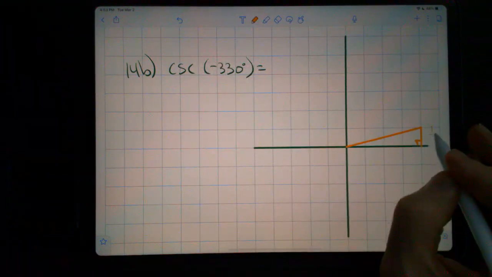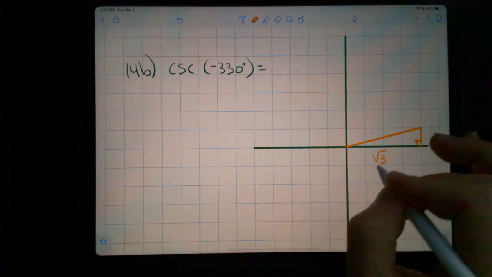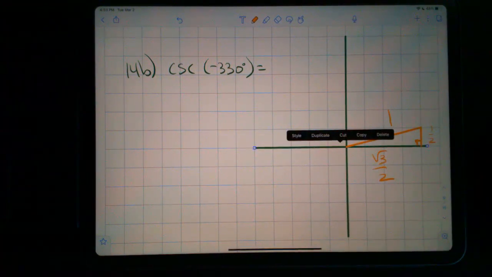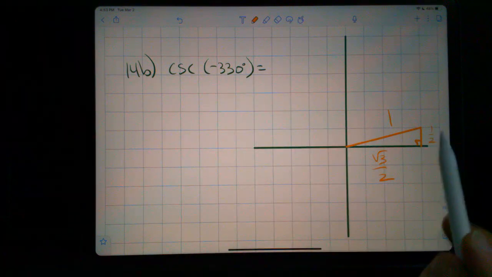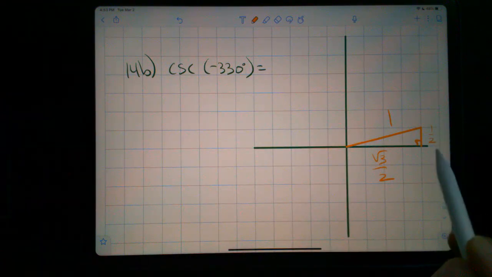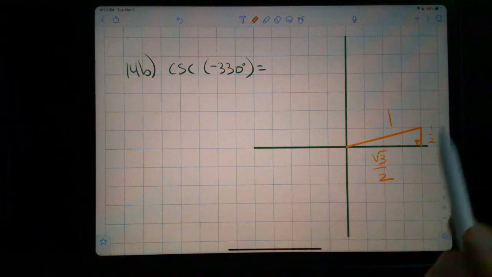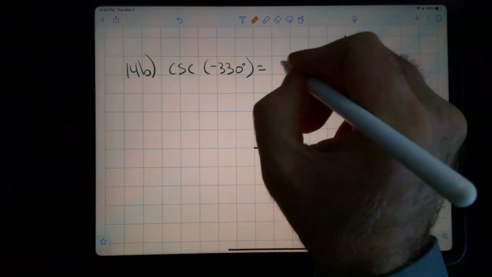So this will be 1/2. This will be radical 3 over 2 with a hypotenuse of 1. Cosecant is 1 over sine. It's the hypotenuse over the y. So it's the inverse of 1/2, which will be 2.